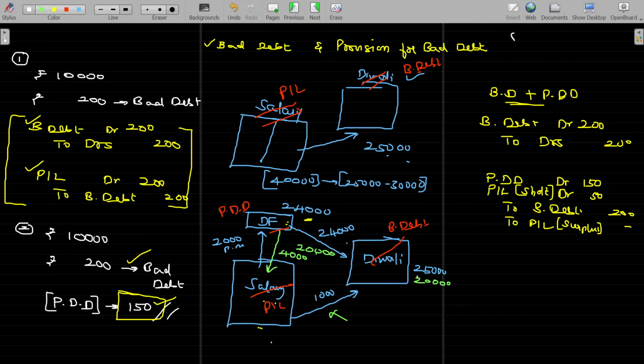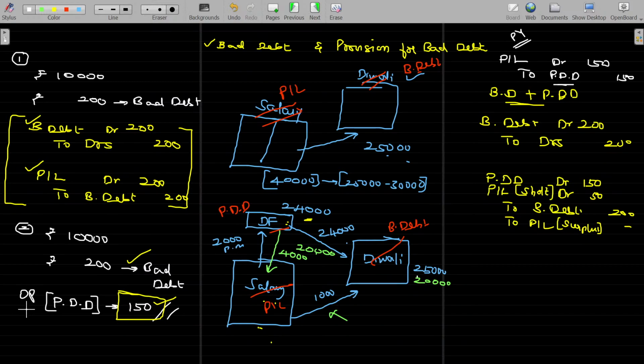In the previous year, this might have been passed: profit and loss account debit to PDD. Okay, PDD 150. Unless you deposit, how will you get? So this is called opening PDD, or the balance of PDD available in this year for adjusting the bad debt in this year.